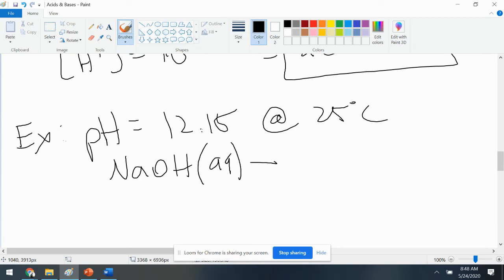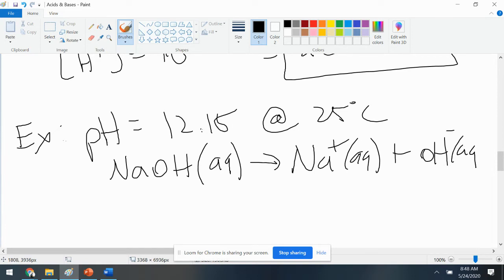As you put this in water, it's going to completely dissociate into its ions. So we can figure out how much of the hydroxide ions are present, and there's also going to be some hydrogen ion present in that solution as well.